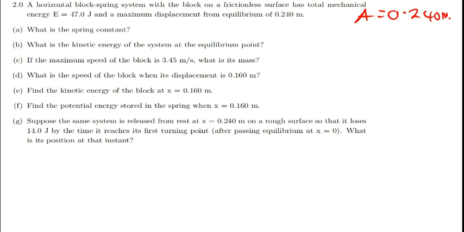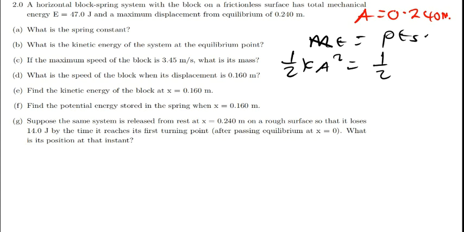So how do we find the spring constant? In this case, we know that we have not been given the velocity. So the only energy which we have at this point is the mechanical energy, which is equal to the elastic potential energy. So the mechanical energy is half kx squared, and the elastic potential energy is half kx squared.